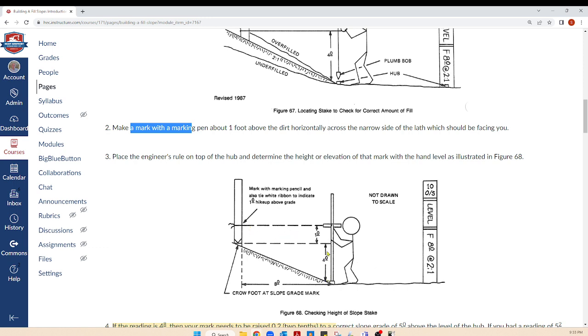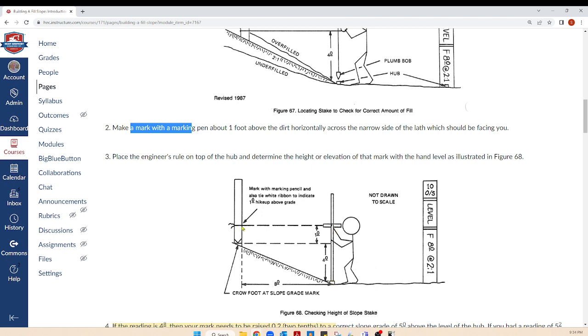Once again, I want to come up to get my exact grade on this first stake. I want to come up a foot higher than that hub, and I want to be out here 8 foot. Well, I'm out here 8 foot, but I don't want to be 4 foot. I want to be 4 foot, but I want a 1 foot boot, so my reading needs to be 5 foot.